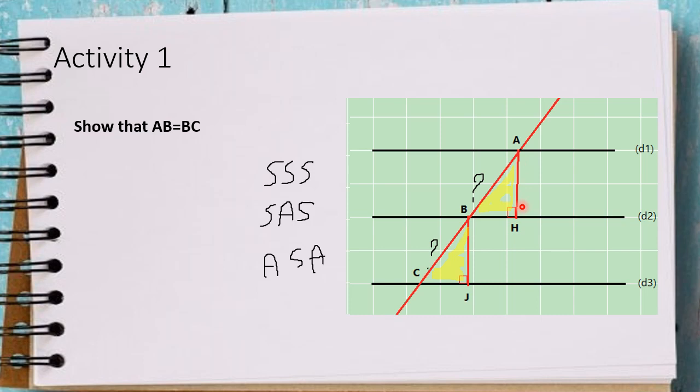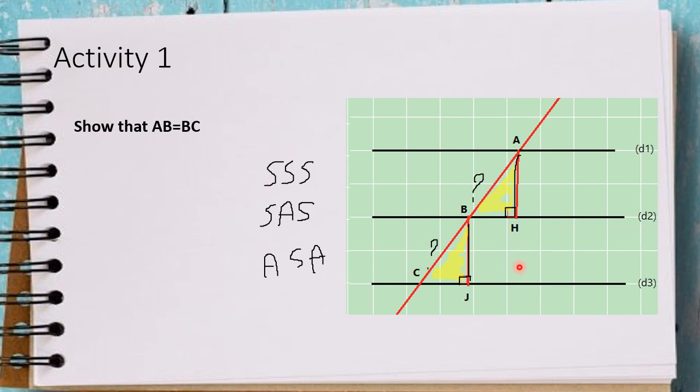So this height AH is equal to BJ. This is our first side. AH equals BJ, and we know that because they are heights, so angle AHB is equal to 90 and angle BJC is equal to 90.